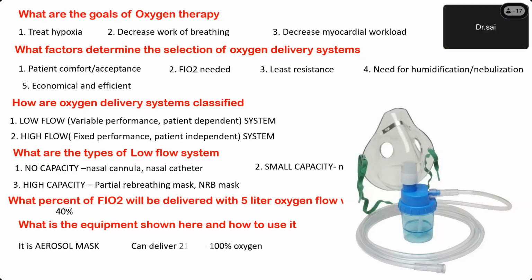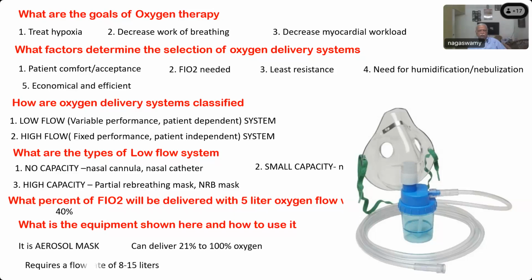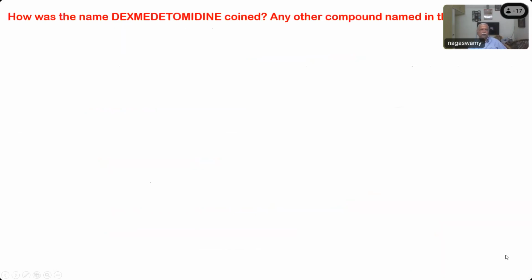It delivers from 21% to 100% oxygen and requires a flow rate of 8 to 15 liters. So the minimum flow you require for this aerosol mask is 8 liters, and the maximum you can use is 15 liters. It delivers humidified oxygen to the patient. We put clear distilled water here, and it will deliver humidified oxygen to the patient, or you can use bronchodilators also for this. Okay, so that is the idea of this.